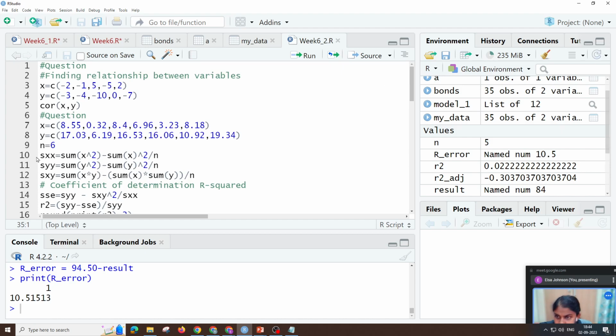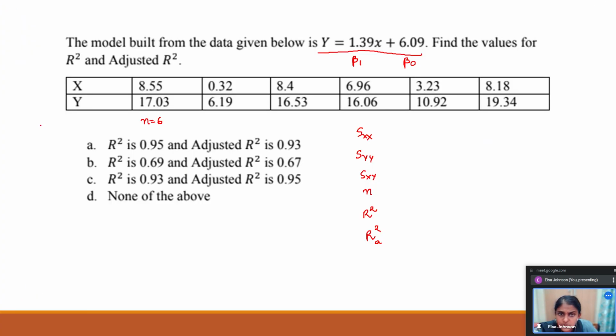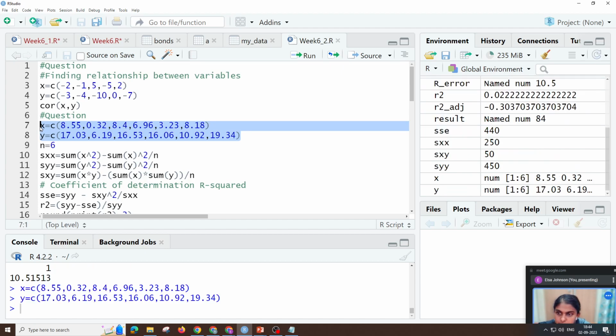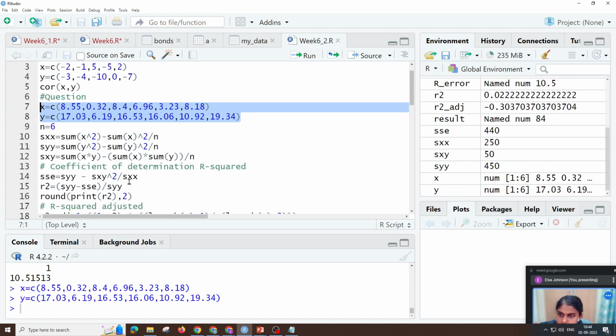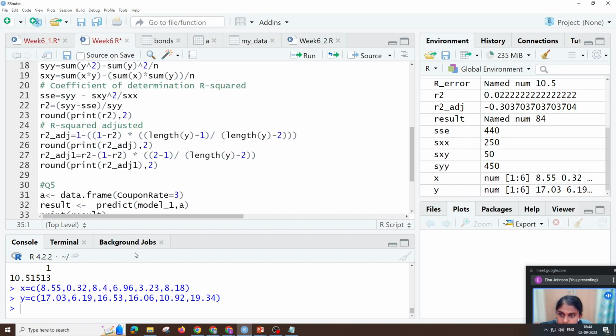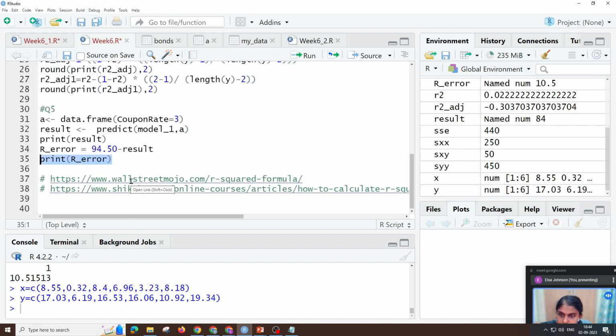Okay, x equal to 8.55, 0.32, 8.4, 6.96, 3.23, 8.18. This is the question. Okay, so I will just give you a link which will show you how to directly do that.